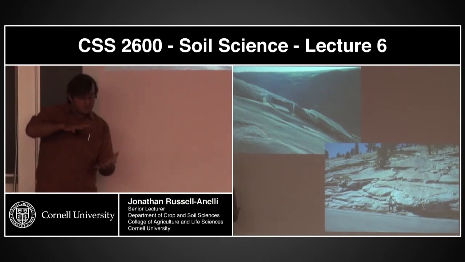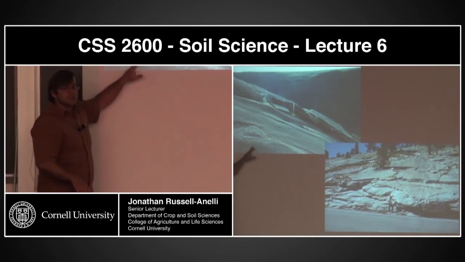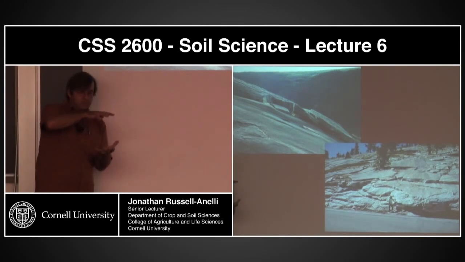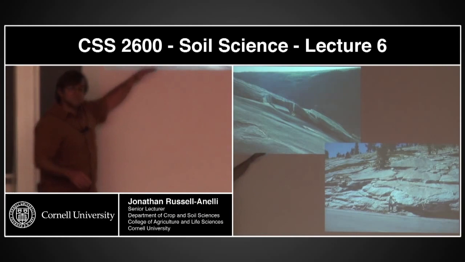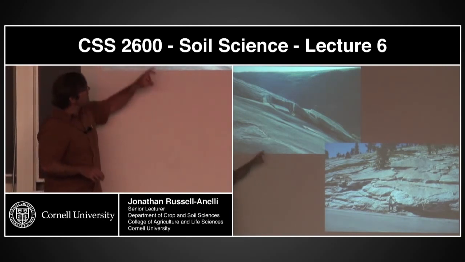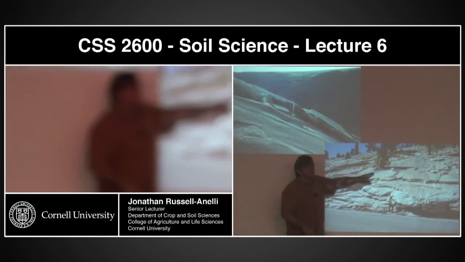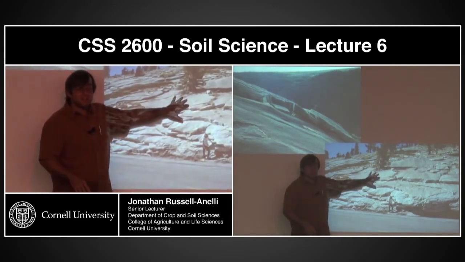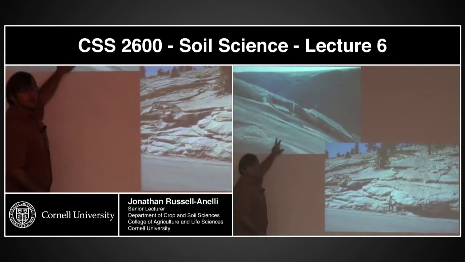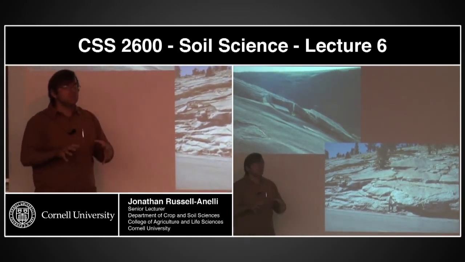If I have something compressing and then I'm releasing the pressure, you can imagine that the stuff at the edges, where the pressure is being released, is going to expand. And the stuff below it still has pressure on it, so it's not going to expand. If I have the edges expanding, I'm going to start seeing fractures. You can start seeing these fractures. Now, that's not to say that once I have these fractures, other processes like water won't get in there, but the initial fracturing is due to this release.